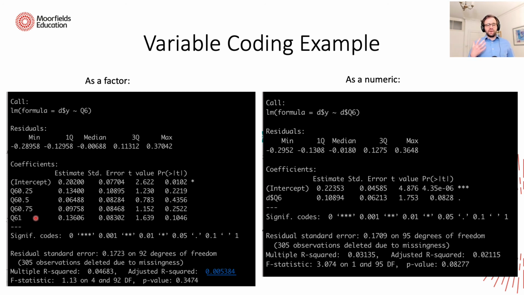They haven't been translated into numeric values. And it's treating them as separate variables basically. Even though you're putting in one variable, your question 6 variable, it's treating them as separate factors. So it's looking at the question 6 answer versus all the other answers. So 0.25, the first one, versus all the other answers, that's one variable.